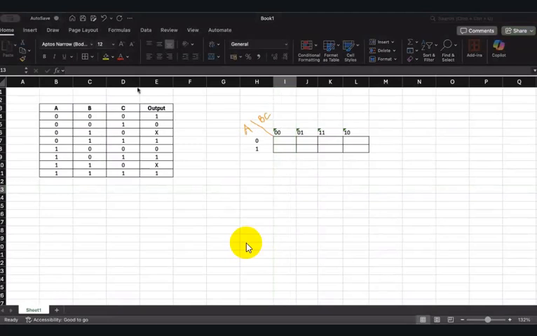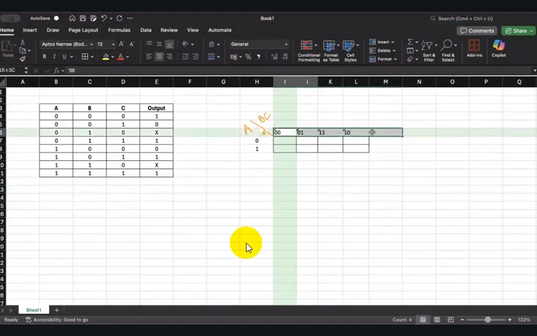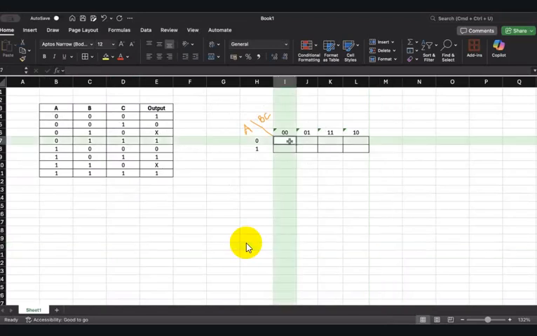So that's it. Now what you have to do is, you have these values, and you have a K-map like this also, right? So now from here, you have to just transfer them to this K-map. So if it is 0, 0, 0, what is the one you're going to have? A bar, B bar, C bar.